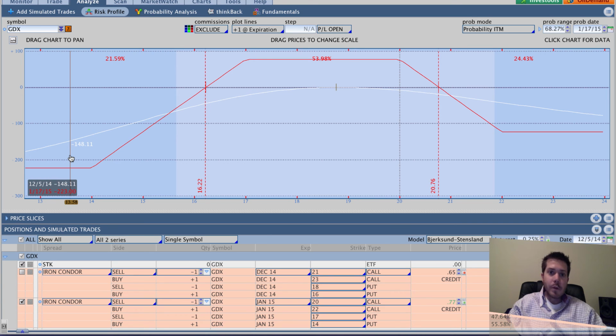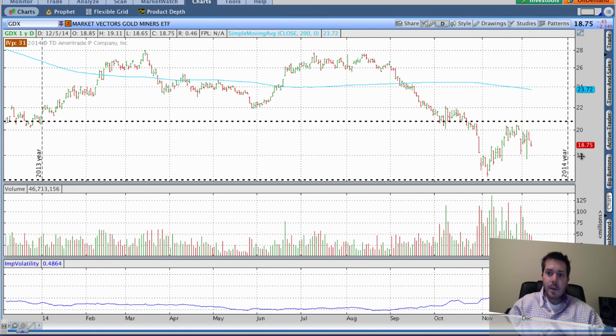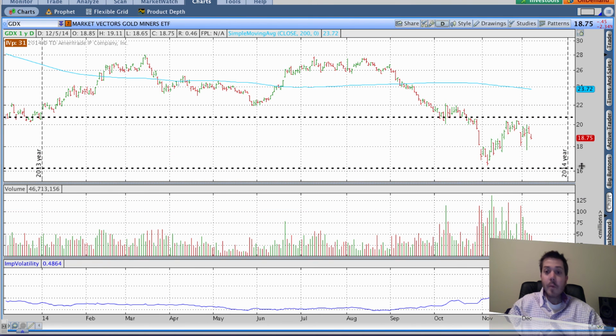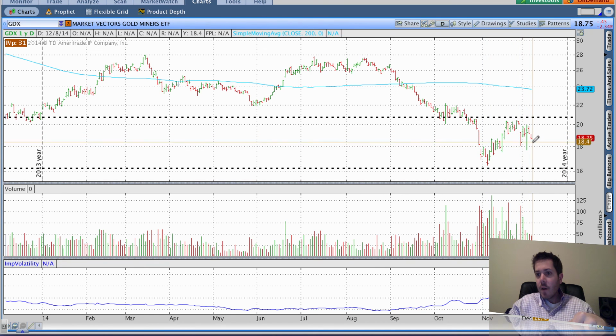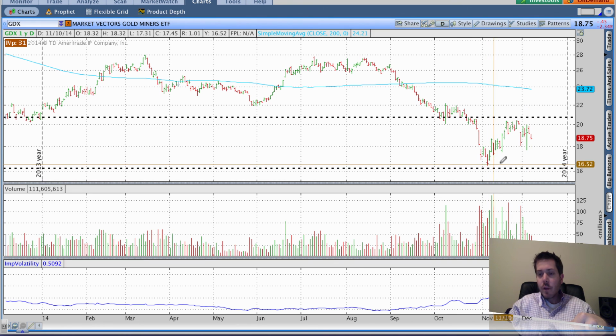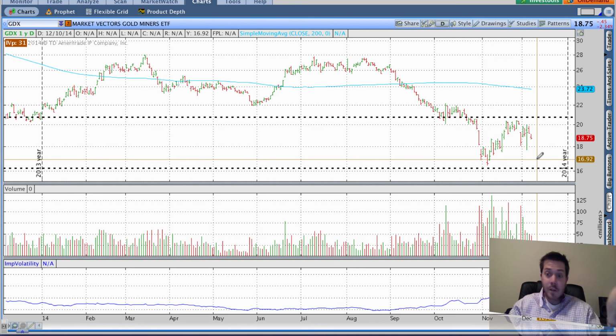Now, why would you want to do that? Well, if we set slices to chart, I could probably make an argument to why I would personally be willing to risk a little more capital on the downside, because we've got multi-year lows here. We've seen some nice support right around these levels, in the 18 area. Right now it's dipping back a little bit, but if it gets all the way back down to this previous multi-year low, I'm thinking there might be some buyers to come back into the equation.